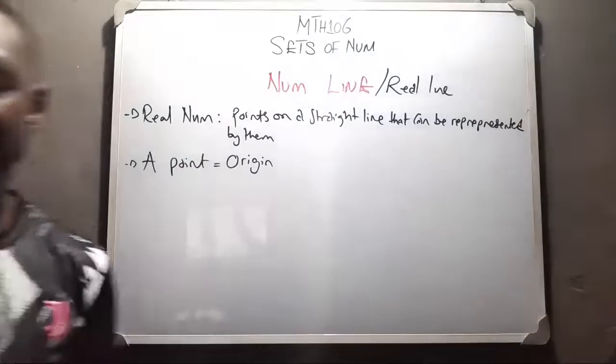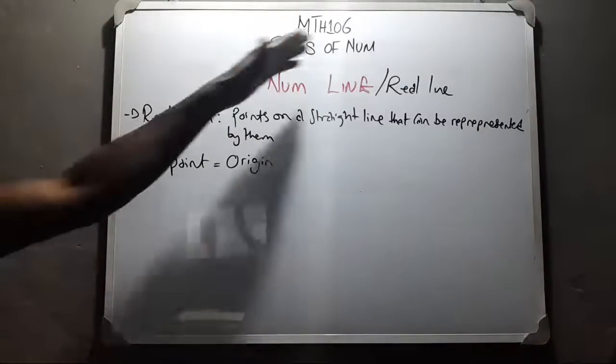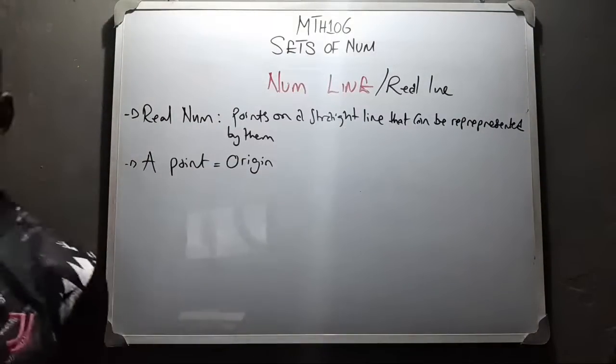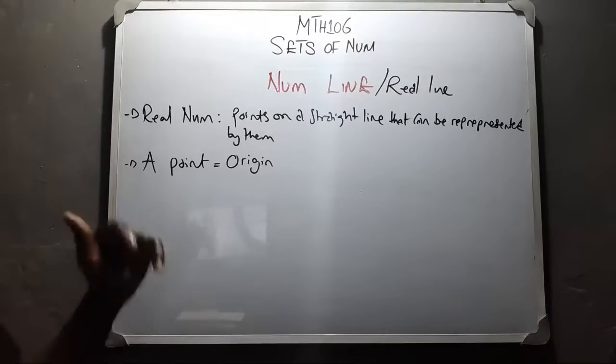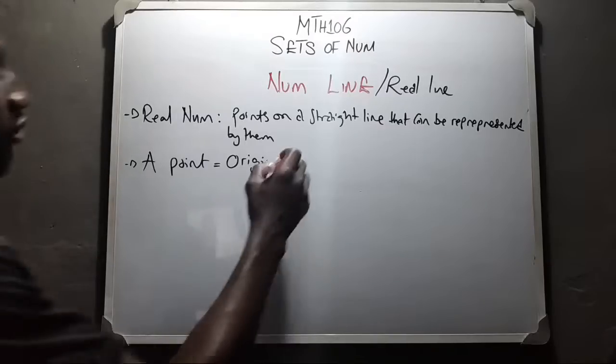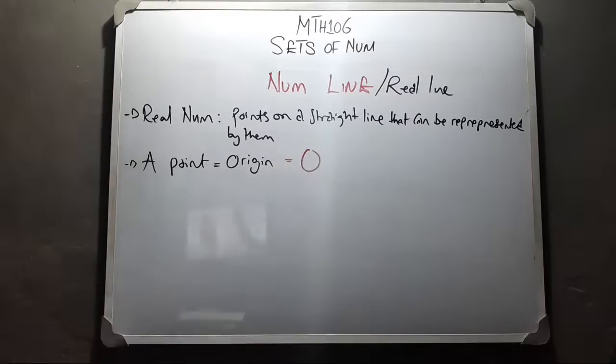What exactly is a point? When we talk about a real line or a real number line, what exactly is a point? The point is said to be the origin, and it is denoted with O. Now another point, usually to the right, represents 1.